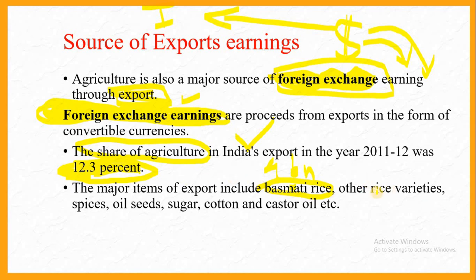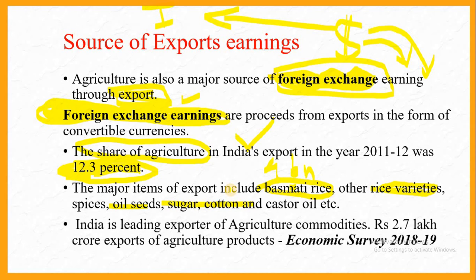And other rice varieties, there are Sona Masuri and others. And there are oil seeds, sugar, cotton. We export all these items. Therefore, India is a leading exporter of agricultural commodities, one of the top exporters in the world. 2.7 lakh crores India has earned because of agricultural products, exporting them to foreign countries.